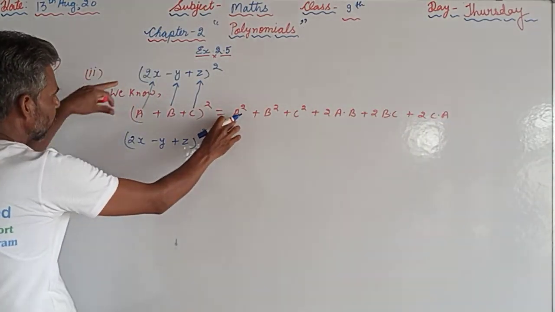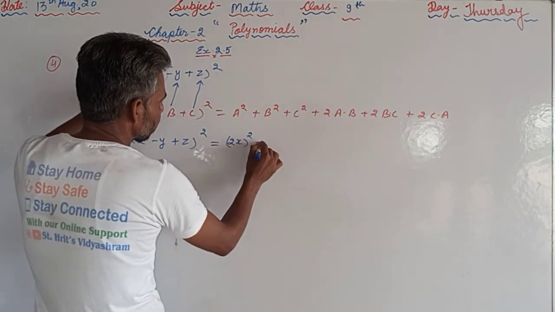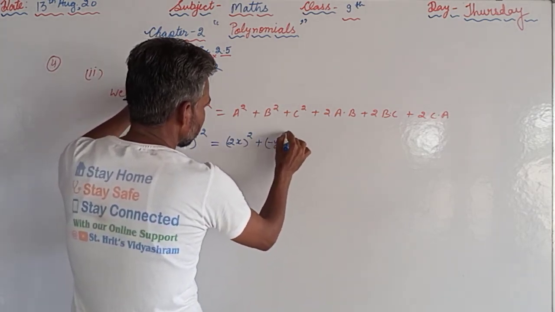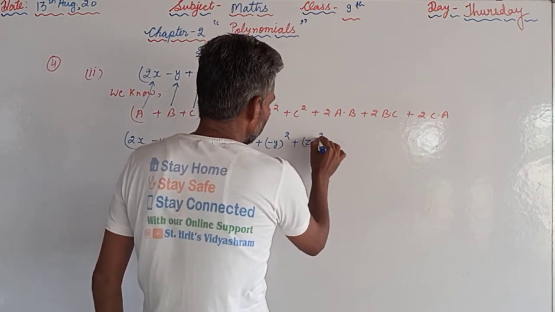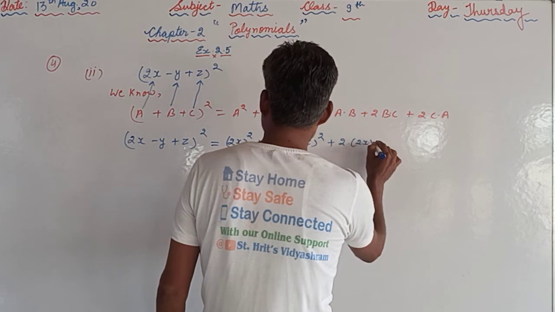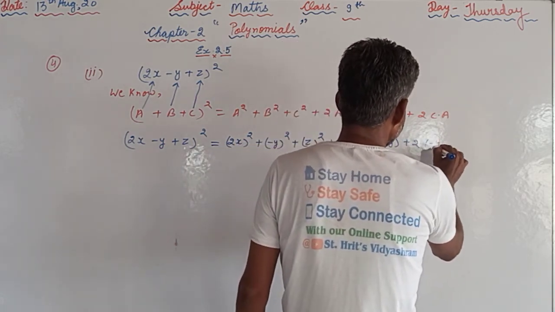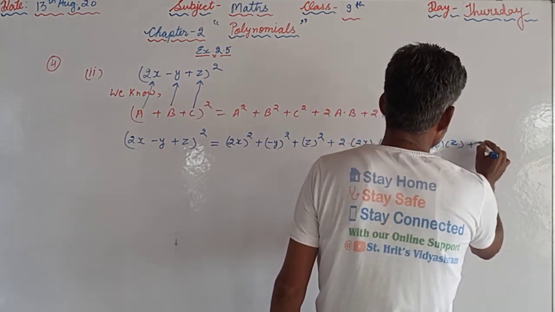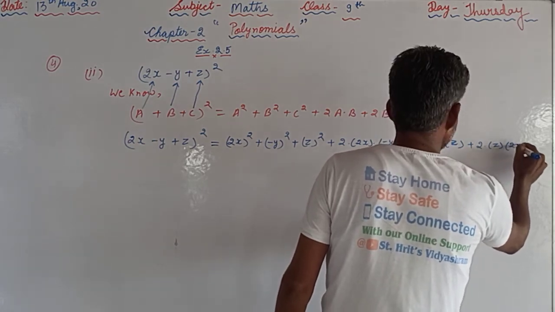A by 2x means (2x) whole square, plus b by minus y whole square, and c by z whole square, plus 2 into a, that is 2x, into minus y, plus 2 into minus y into z, plus 2 into z into 2x.